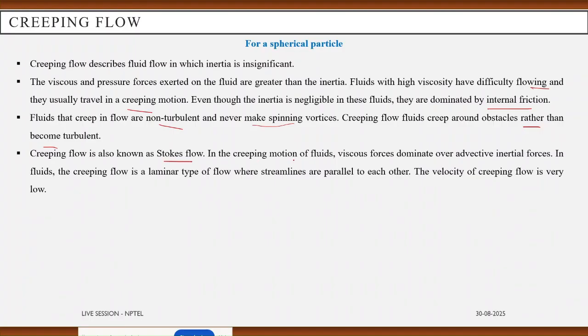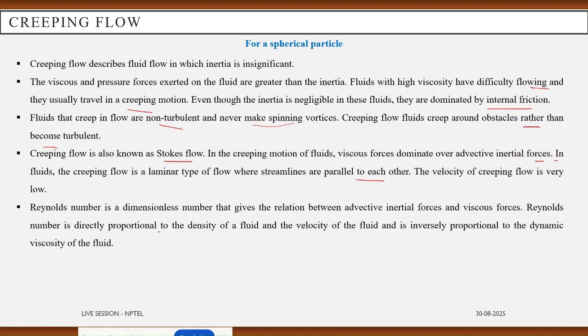In the creeping motion of the fluid, viscous force dominates over advective inertial force. In fluids, the creeping flow is a laminar type of flow where the streamlines are parallel to each other. The velocity of creeping flow is very low.